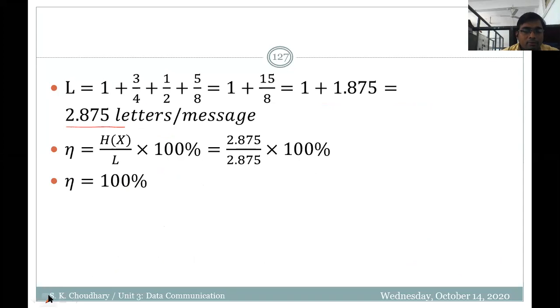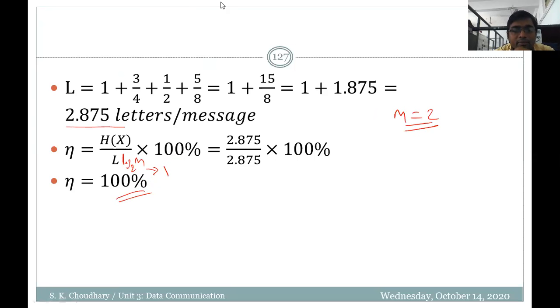One more term you can add is log base 2 of m. Since it is binary, m is 2, so it becomes 1, and you have 100% efficiency for this particular coding technique.